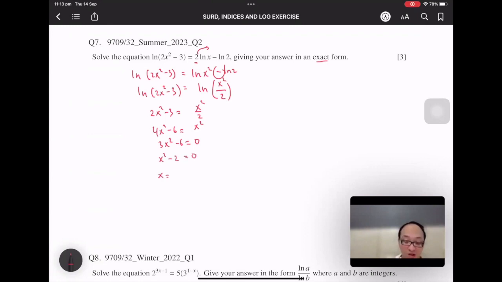So x can be root 2 or x can be negative root 2. But in this case, we have ln x, so we cannot have the negative value. This is not possible, not applicable, so we reject. So the answer is only x equals square root of 2.